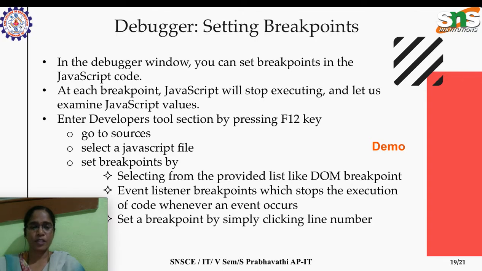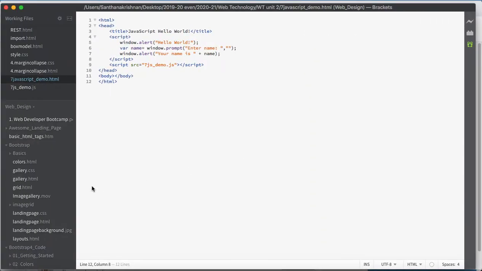Okay, so I will take you to the demo version of that. The same program we discussed earlier, the very first JavaScript program, is this one. The window.alert method displays hello world, and the prompt method asks for the user name, and we give it, and the same name gets displayed. We are using the JavaScript file demo.js.